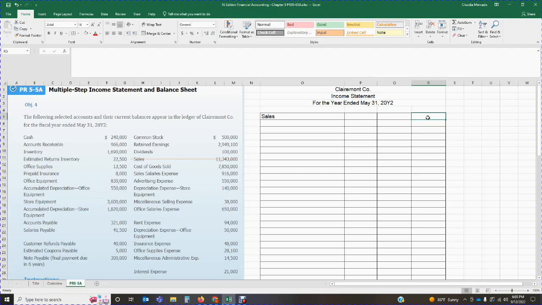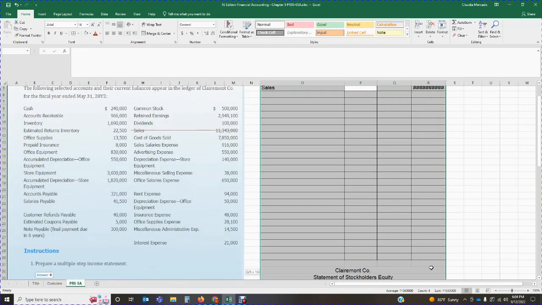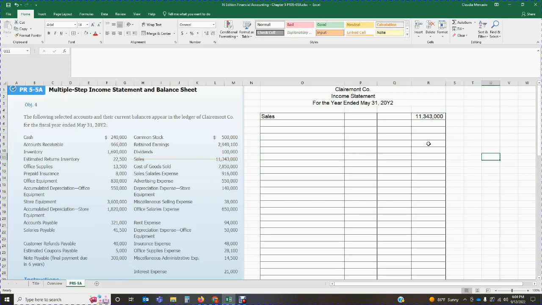Because we only have one sales account, I'm going to bring that over to the very end. Let me format all of these to numbers so that they are a standard. There we go, 11,343,000. Because I formatted it, it won't let me put dollar signs, but that is fine. I just want them to look the same.